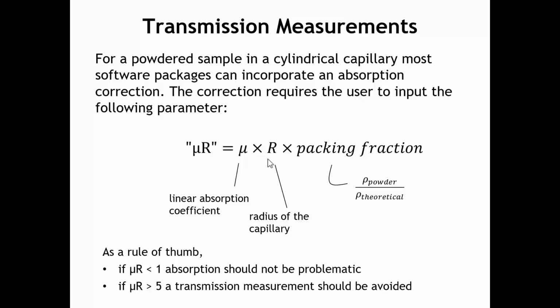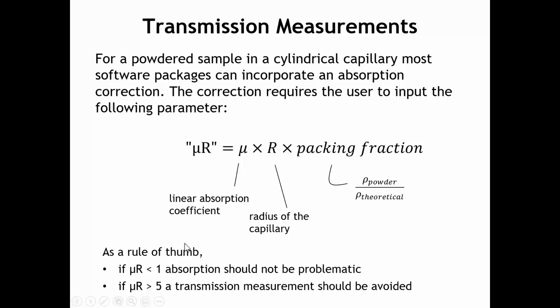But in practice, when you have a powdered sample, the packing density or the packing fraction is not 100%. It doesn't have the same density as a single crystal. So we have to account for that by saying, all right, our powder is only going to be 60% of its theoretical density. So once we take that into account, multiplied by the linear absorption coefficient that we just talked about, multiplied by the radius of the capillary, we get this mu r term.